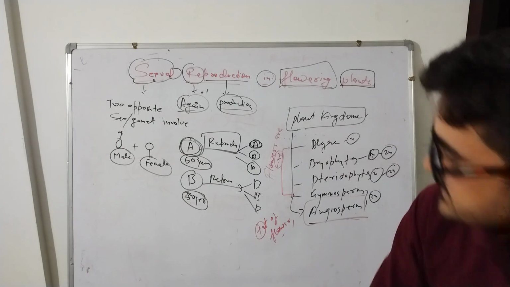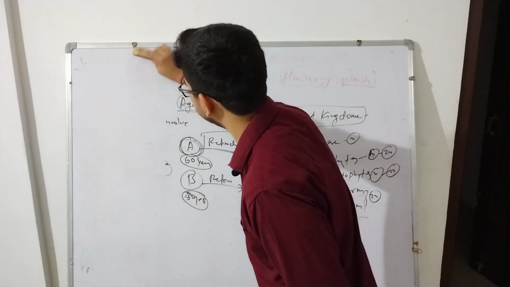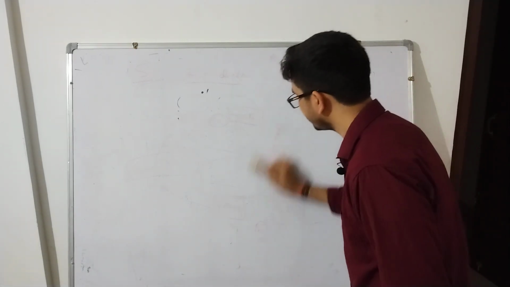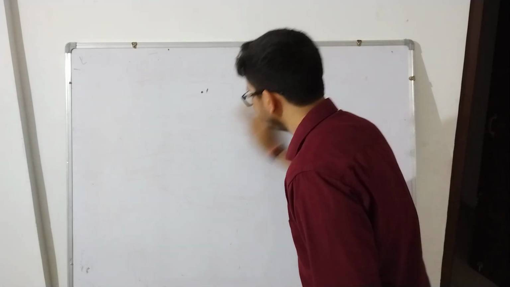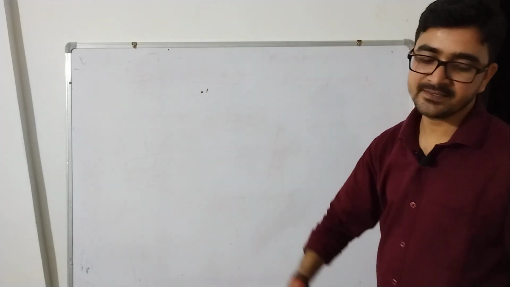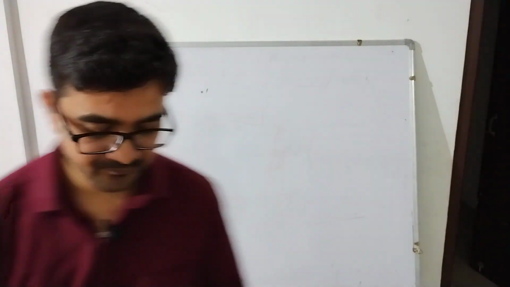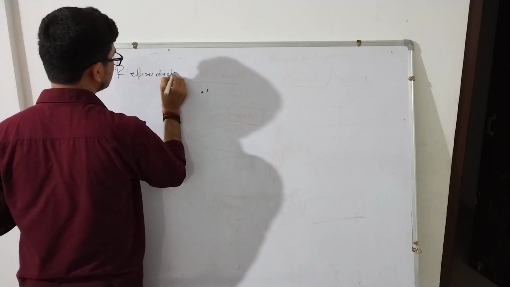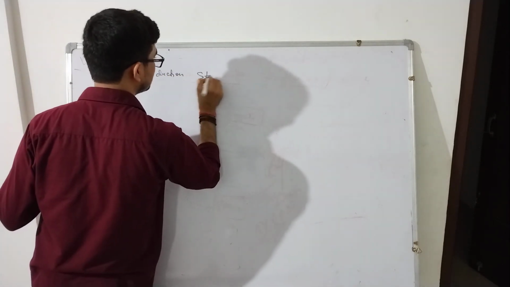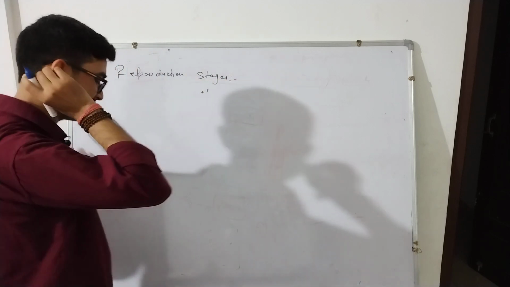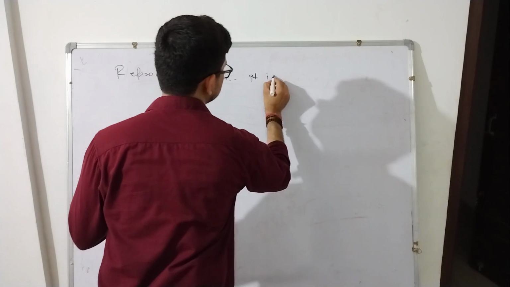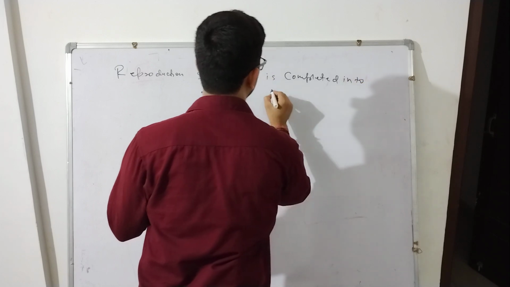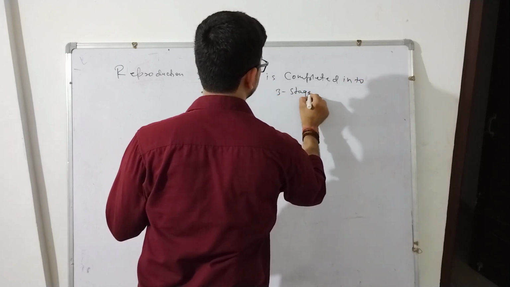So let's start with the stages of reproduction. If any organism reproduces, before reproduction there are some stages, and each stage is important to complete the reproduction process. Reproduction is completed in 3 stages.